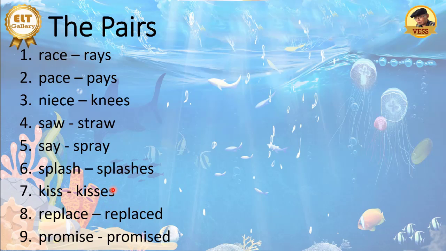Cases. Here the S becomes Z in cases, and here we have replaced with T, because the S here is voiceless, and therefore the ED here is pronounced as T, replaced. Promise, promised. Also here we have T, promised.